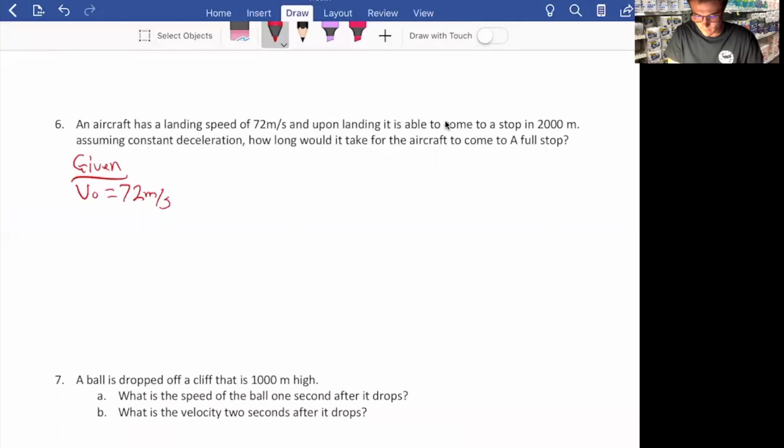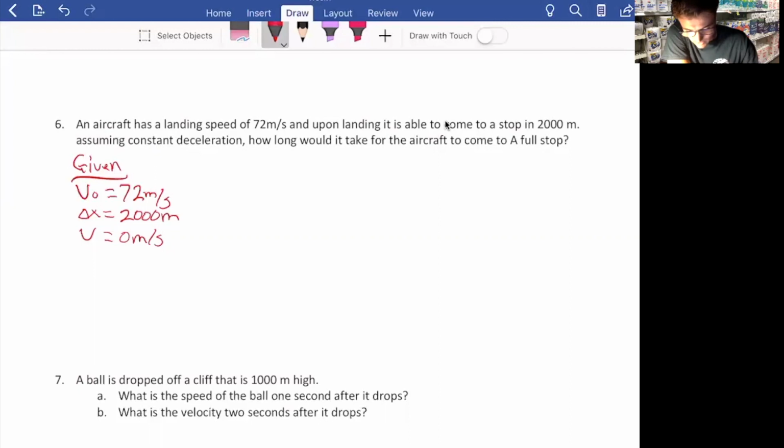Upon landing, it is able to come to a stop in 2,000 meters, so delta x equals 2,000 meters. And what else do we know? Well, it's coming to a stop, so we know our final velocity is 0 meters per second. No other givens here.